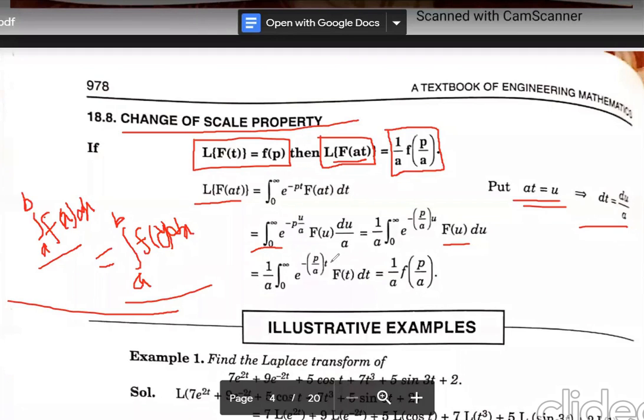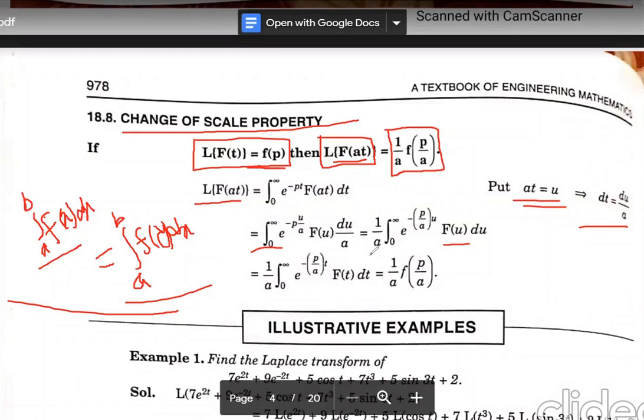Then again, if you compare with the definition of Laplace transform, what was it? 0 to infinity e to the power minus pt into f of t dt, that is equal to f of p. So whatever be the coefficient of t in the exponential, that should be the argument of f. So here e to the power minus p by a into t, that is nothing but f of p by a.